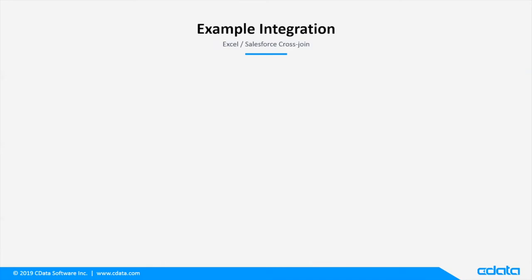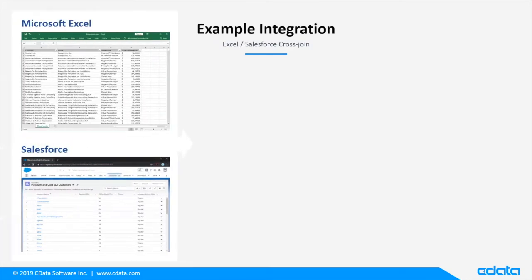As an example, as I mentioned, a sample integration would be Salesforce and Excel. You have a list of customers within Salesforce, and then some additional account information within a local Excel sheet, and you want to be able to join that information live without moving it.